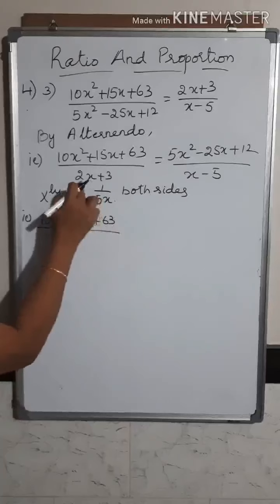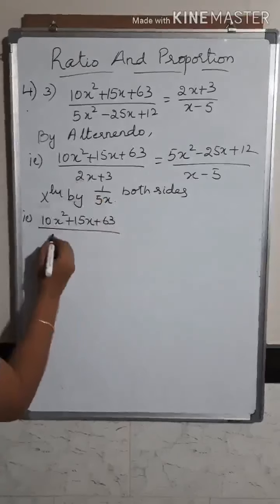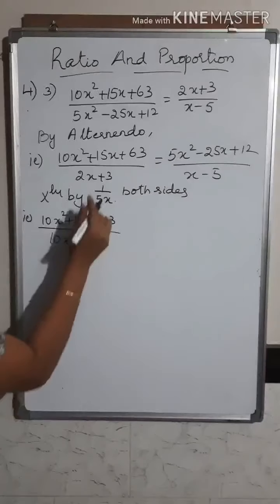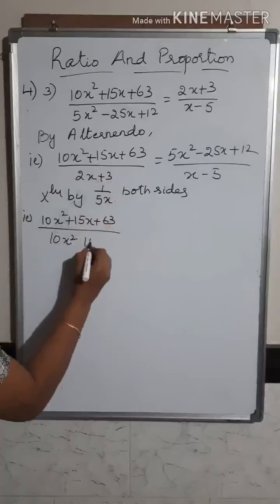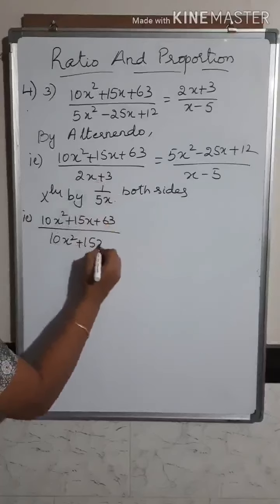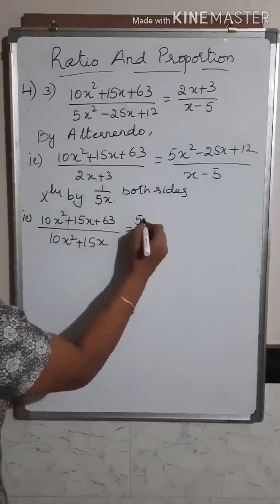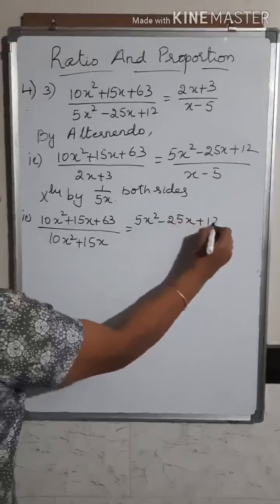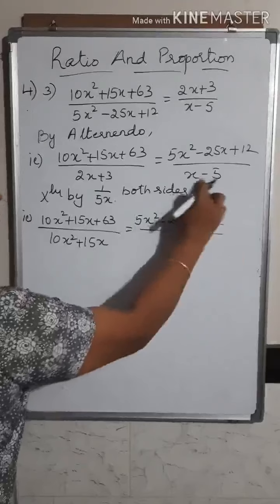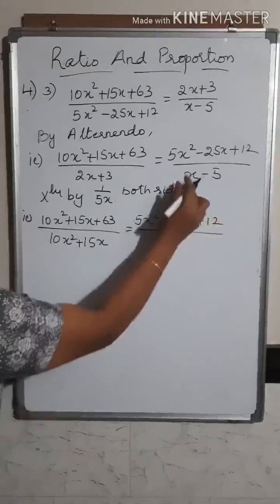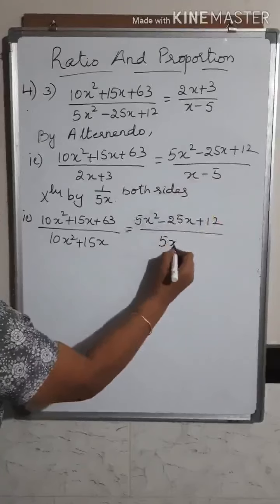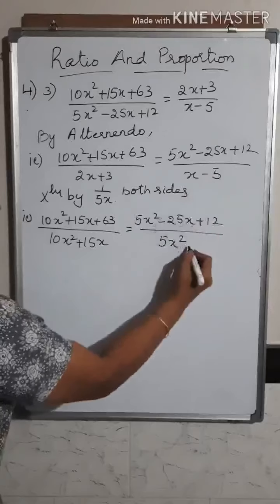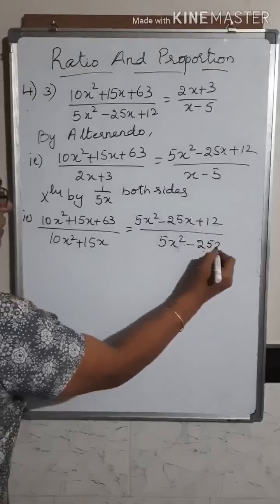I'll directly multiply and write it. 5x into 2x is 10x square. 5x into 3 will be 15, plus 15x. The other side, 5x square minus 25x plus 12 as it is. Now I have to multiply both the terms by 5x. 5x into x is 5x square. 5x into 5 is minus 25x.